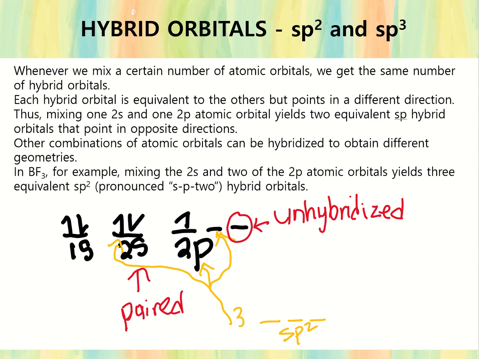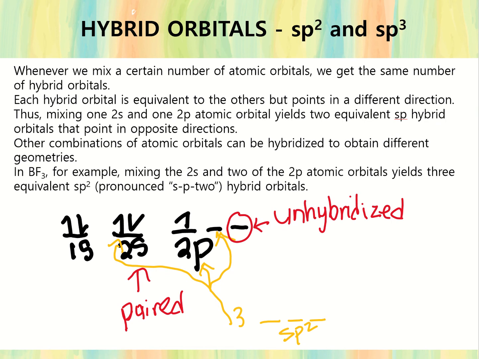Other combinations of atomic orbitals can be hybridized to obtain different geometries, right? So in boron trifluoride, for example, mixing the 2s and two of the 2p atomic orbitals yields three equivalent sp2 hybrid orbitals.